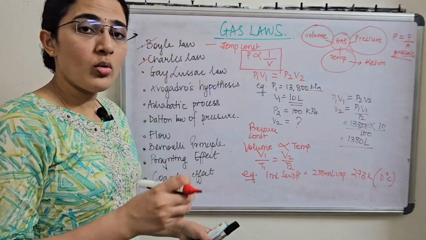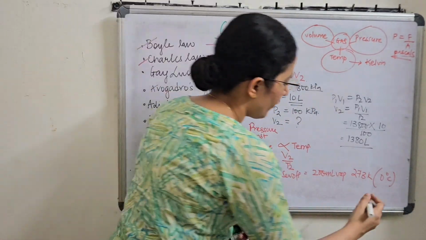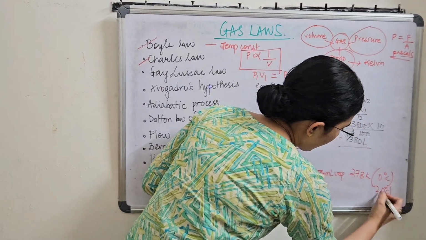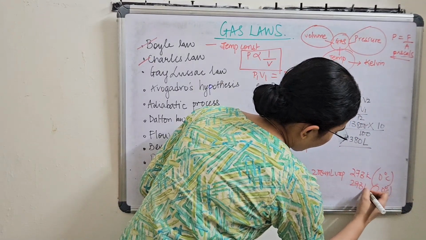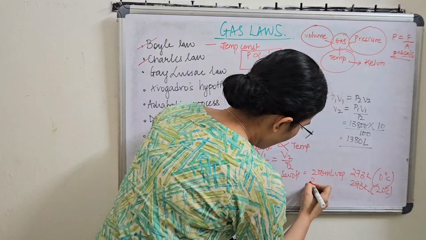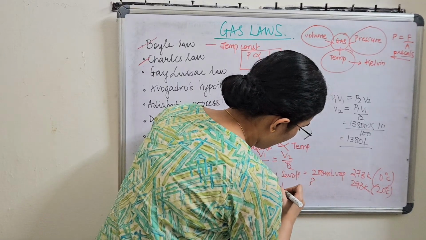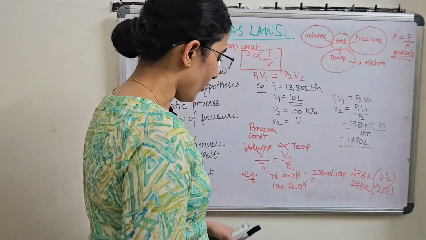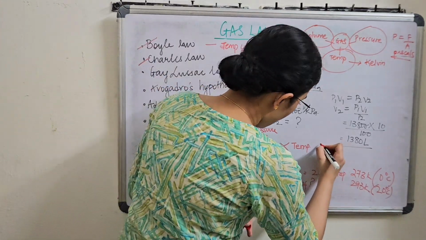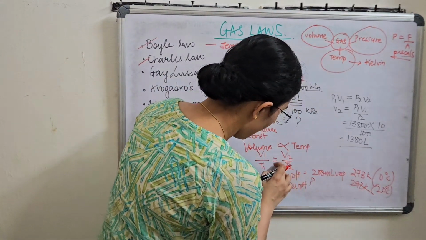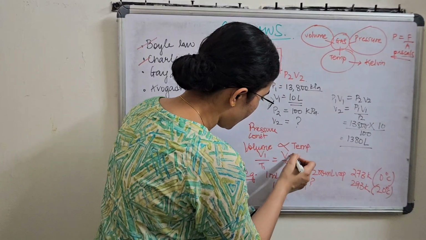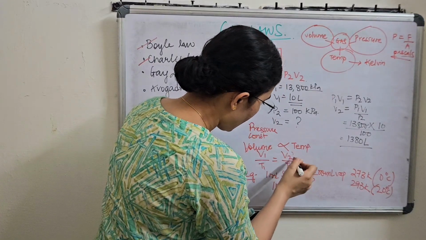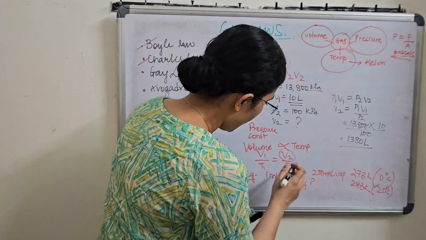Now we have to know, at an OT temperature of 20 degrees Celsius, which is 293 Kelvin, how much ml of vapor will be produced by 1 ml of sevoflurane. So we can put it into this formula, where we have to find out the volume, that is V2.